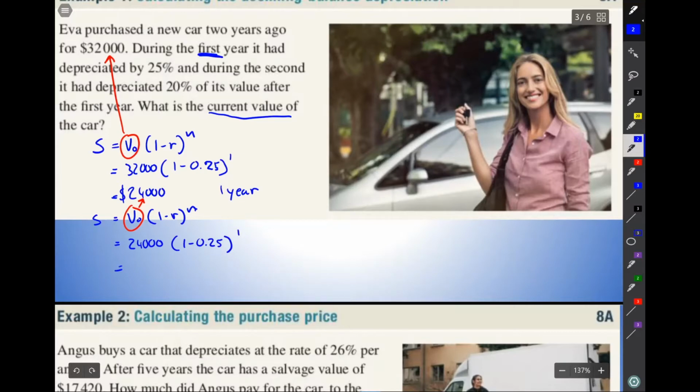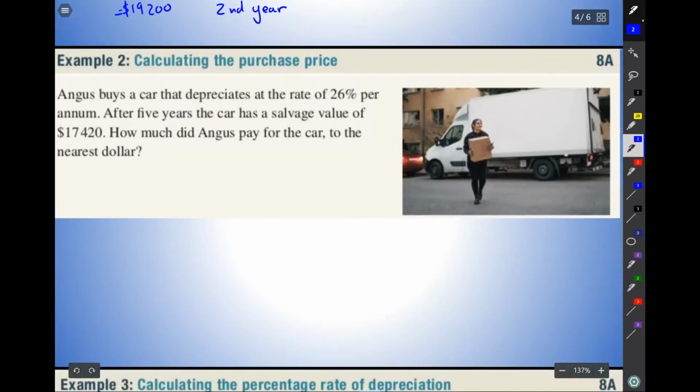Everything else is just the same though. And if we put this into our calculator, we get $19,200. And that's the value of the car after the second year. All right.